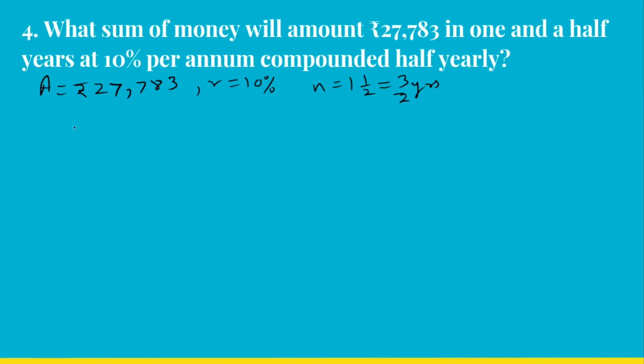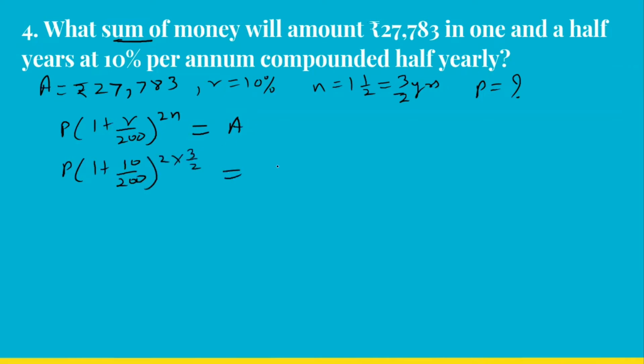So we'll use the formula P in bracket 1 plus R upon 200 raised to 2n, which is equal to the amount, which is A. So we put the values. We are asked to find what sum, so the principal is not known. So let us put P in bracket 1 plus R, which is 10, upon 200 raised to 2 into n, which is 3 by 2, so 2 into 3 by 2, which is equal to the amount, which is 27,783.